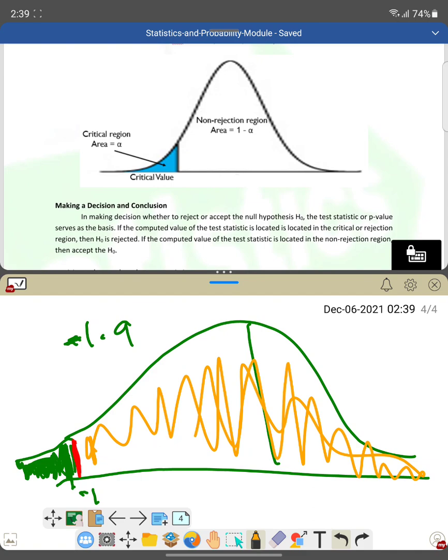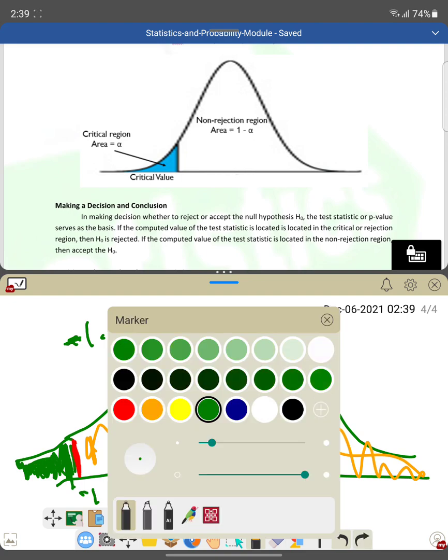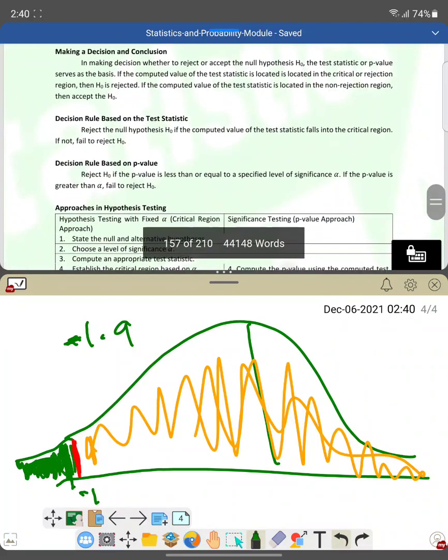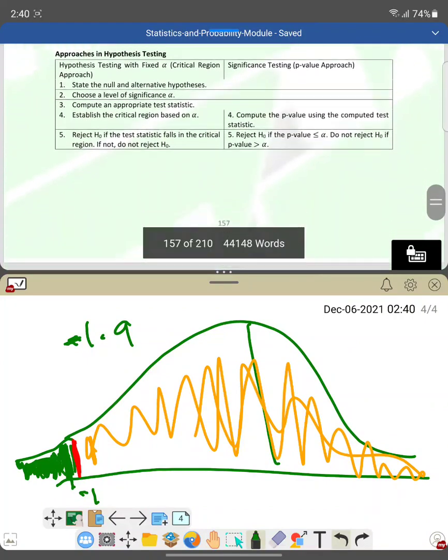Since it is a left-tailed test, your -1.9 is located to the left part, which is your rejection region. That only means we will base our decision or conclusion on the location of your computed value. So we will reject the null hypothesis and accept the alternative hypothesis. Okay, so let's have an example for that.